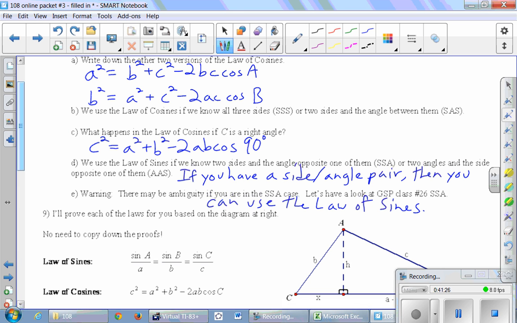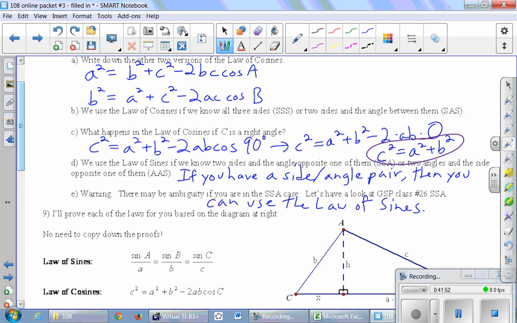But we know that cosine of 90 degrees, how much is that? c squared equals a squared plus b squared minus 2 times a times b times, our cosine of 90 is 0. So actually the whole last term drops out. It all goes to 0. And we just get c squared equals a squared plus b squared, which is better known as the Pythagorean theorem.